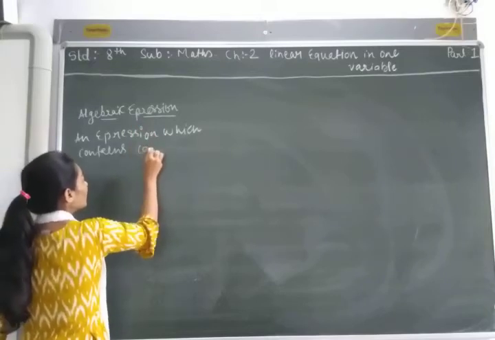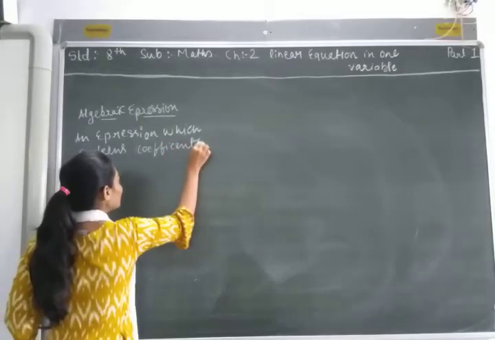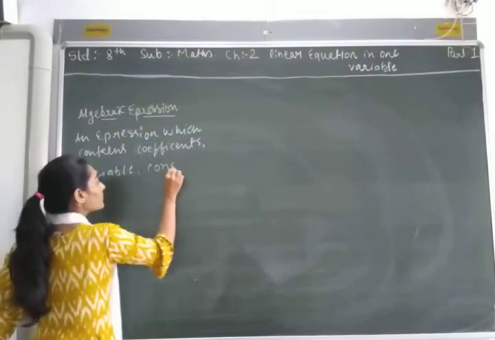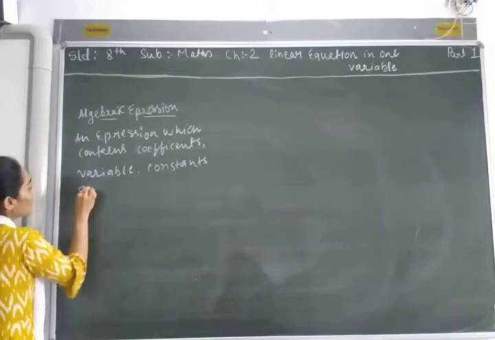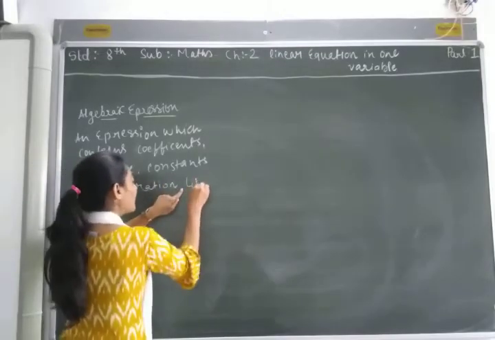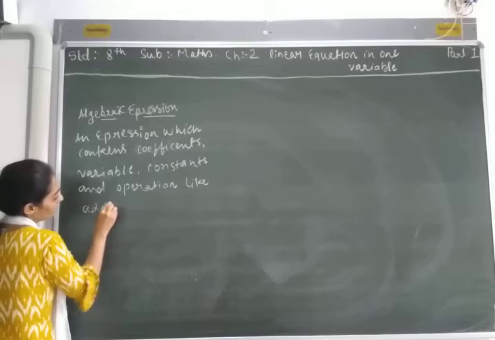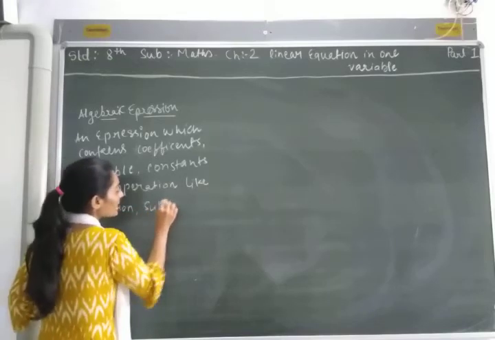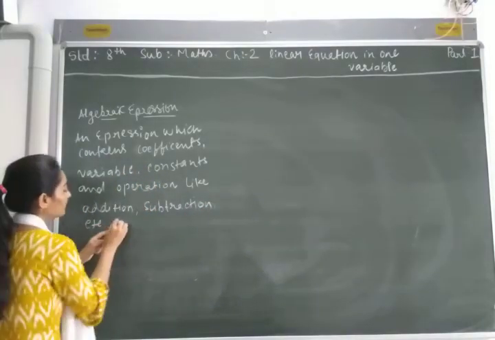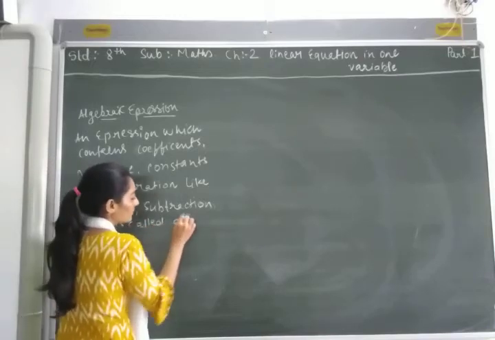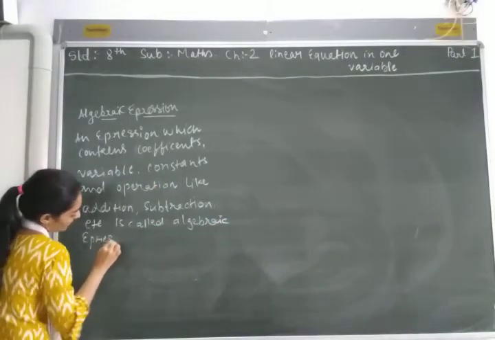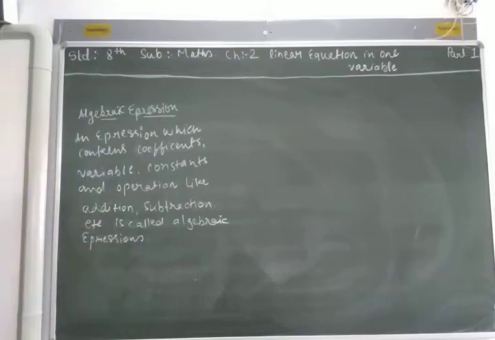Let's start with coefficient, variable, constants, and operations like addition, subtraction, etc. It is called an algebraic expression.